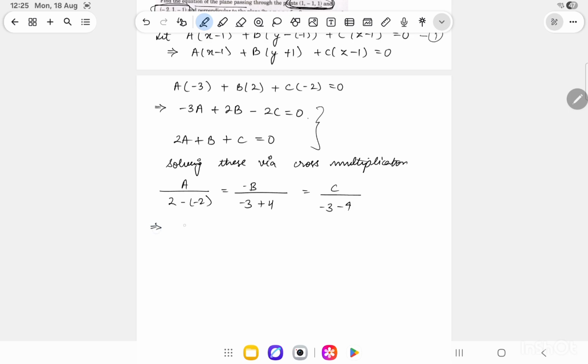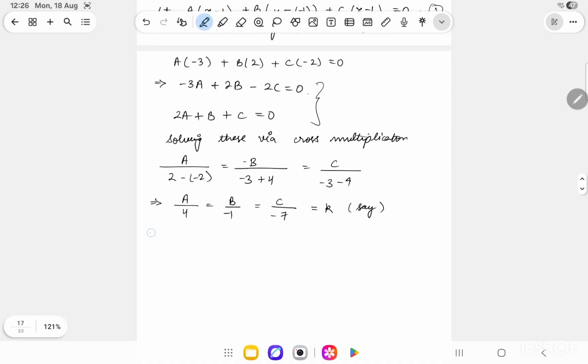On simplifying, I will get A upon 4 equals to B upon minus 1 equals to C upon minus 7. Let us equate it with K. So from here I can get the values of A, B, C in terms of K. So I'll get A as 4K, B as minus K, C as minus 7K.